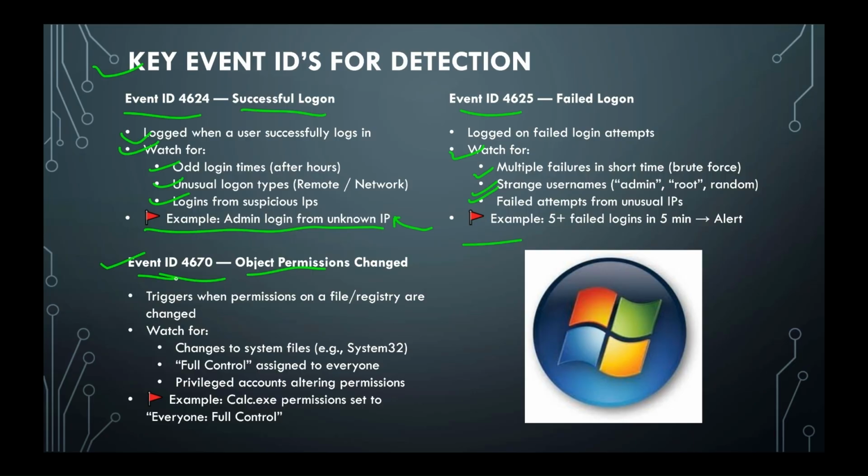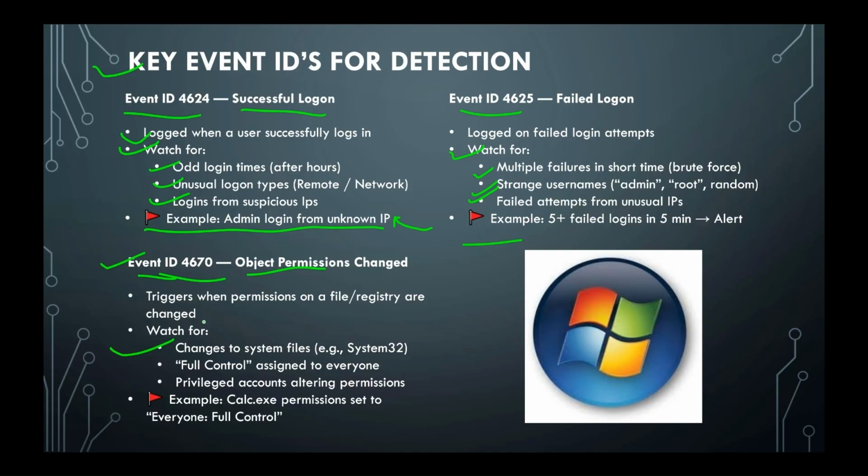Number three, we have event ID 4670. Permissions on an object were changed. This event is generated when permissions on an object like a file or registry key are modified. Unauthorized changes to permissions can be an indicator of an attacker attempting to escalate privilege or cover their tracks. So what to watch for?